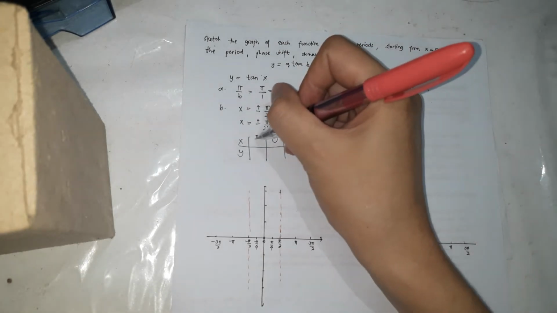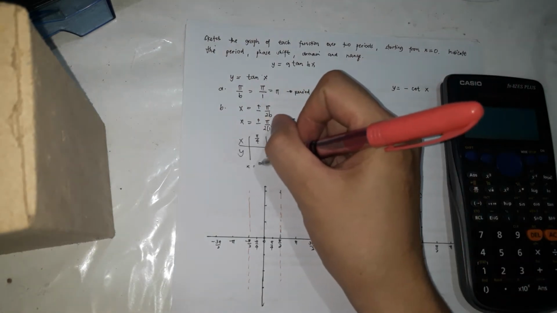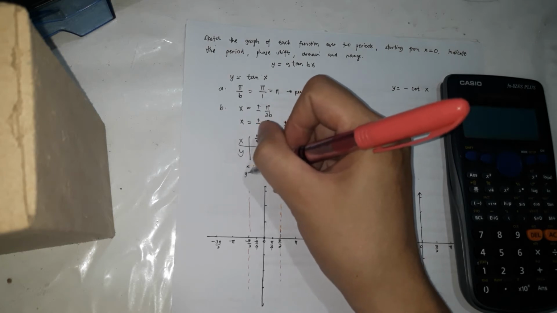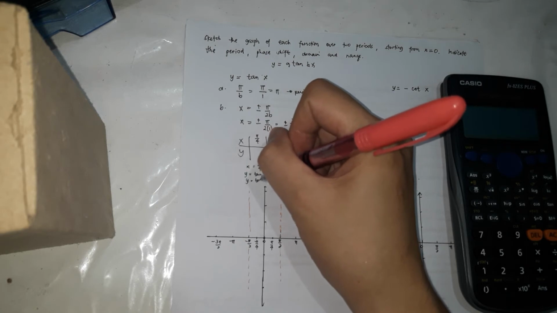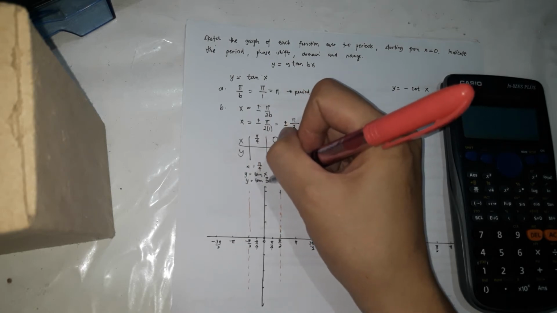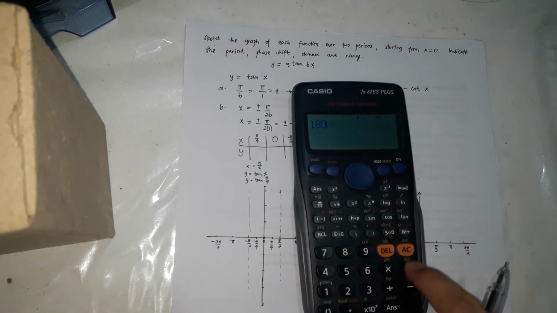We're going to solve the values. If x is pi over 4, y equals tan pi over 4. Pi over 4 is 180 divided by 4, which is 45 degrees, because pi is 180.